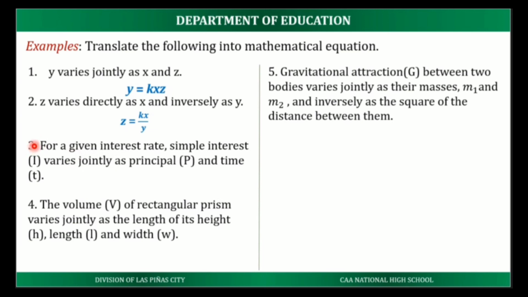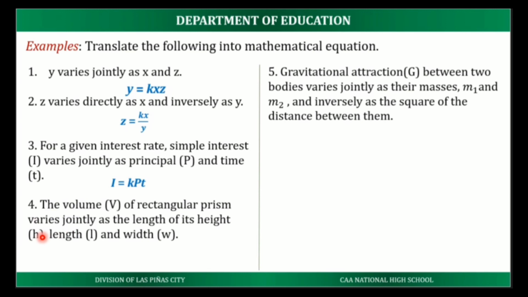Kapag small case, small letter case din yung nasa translation nyo. So, the mathematical equation of this statement is I is equal to K, P, t. So, kaya capital yung nandito sa mathematical equation. And then, yung letter T naman, lowercase.